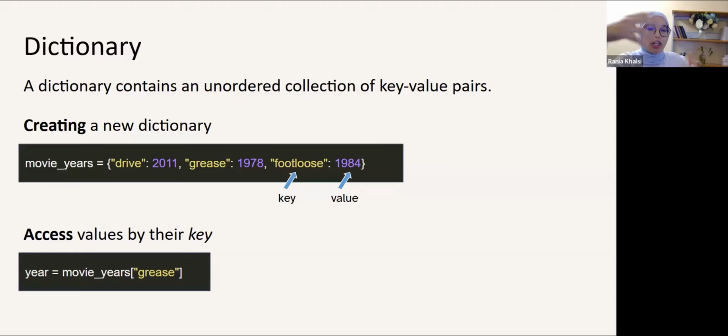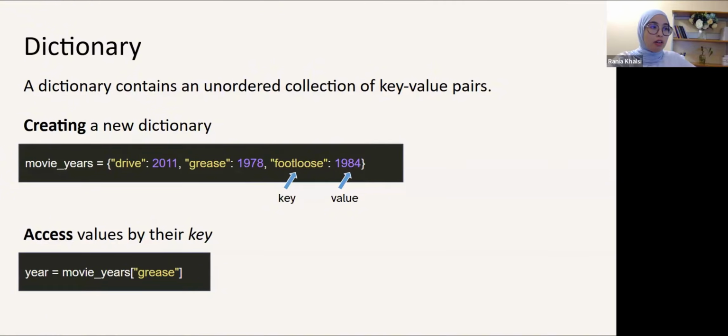If I mention the year for movie years, which is our dictionary's name, for Grease in this case, it's going to return the year value, which is 1978, okay?